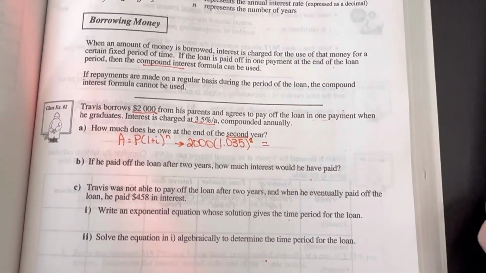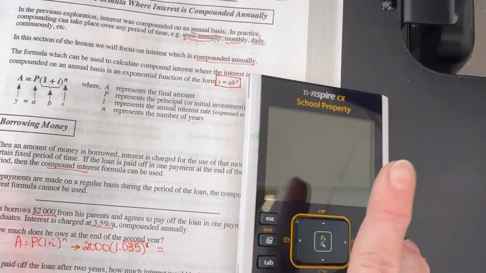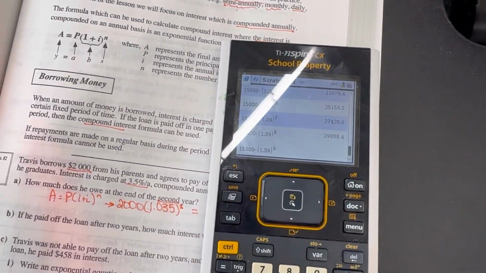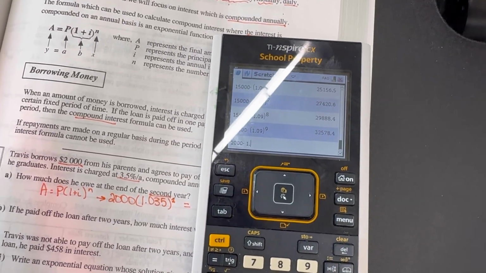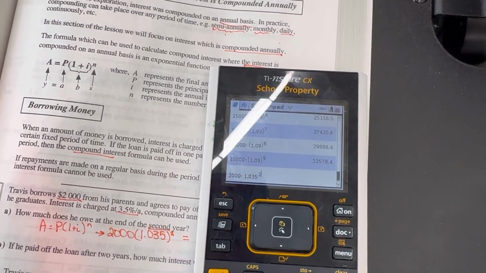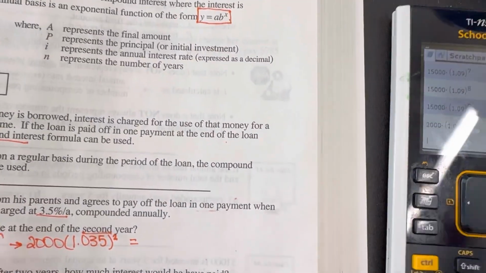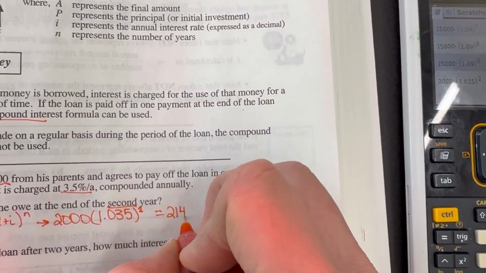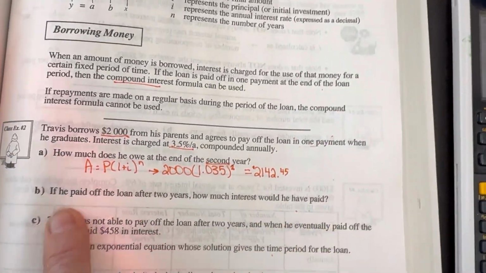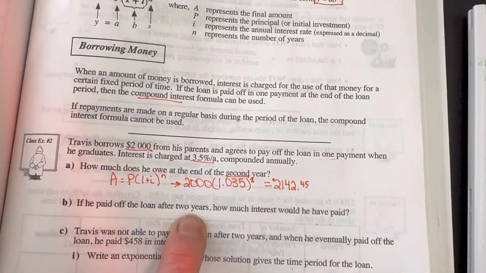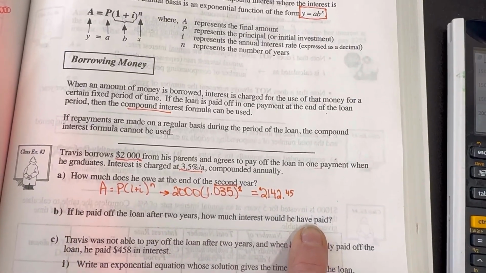Okay, so then we just have to plug that in. Enter 2,000 times 1.035 raised to the power of 2. So we've got $2,142.45. If he paid off the loan in 2 years, how much interest would he have paid?